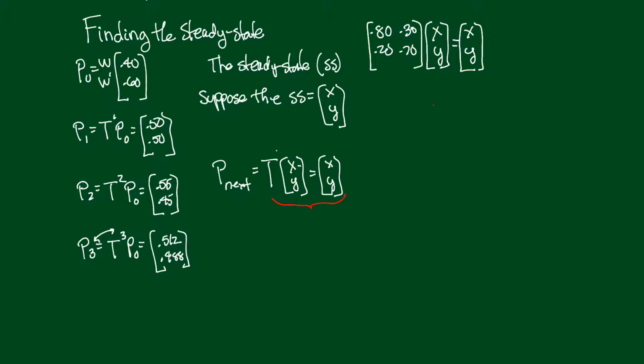And from this matrix equation, we can get a system of equations. Remember how to multiply matrices? Over and down: first and first plus second and second.